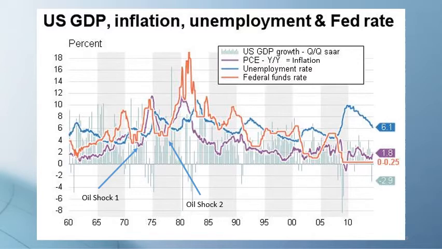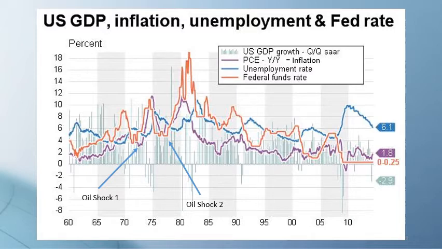Oil jumps by 250%, driving inflation up again, right? So you've got these massive oil shocks at the beginning and the end of the 70s that are the cause of the inflation. It wasn't very low unemployment that was the trigger.